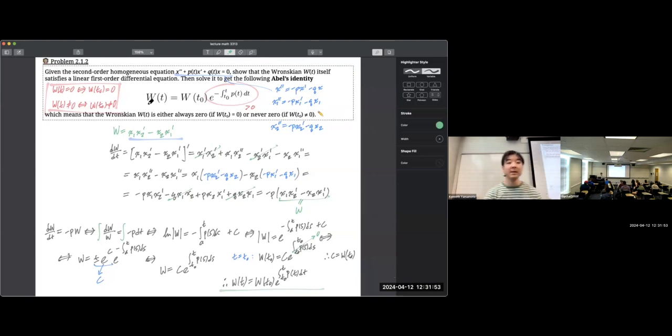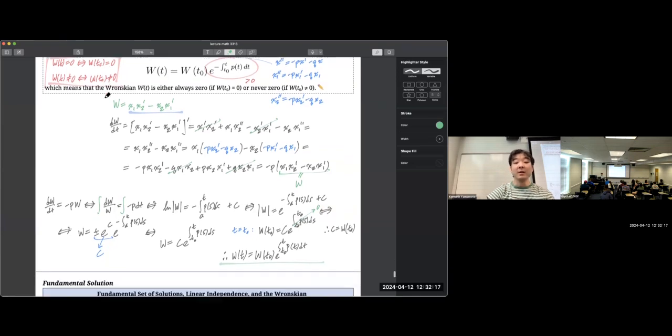Okay, this is called Abel's identity. The punchline really is I'm just using this identity to show that in this specific case where we have a second order equation of this form, the Wronskian at t equals 0 being equal to 0 would be equivalent to the Wronskian being 0 all the time.